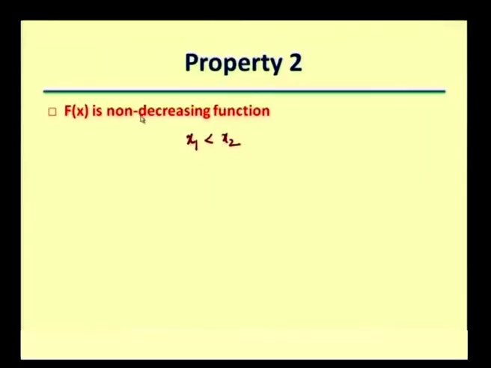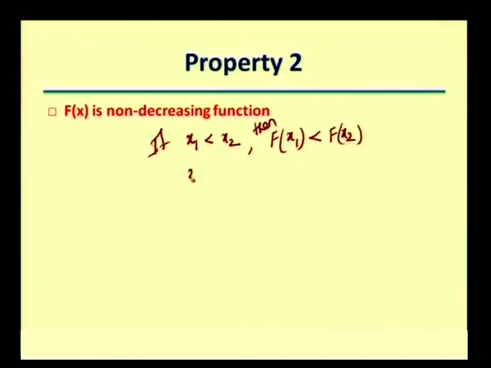Property 2: we have to prove F(x) is a non-decreasing function. That is, we have to prove if x1 is less than x2, then F(x1) is less than or equal to F(x2).